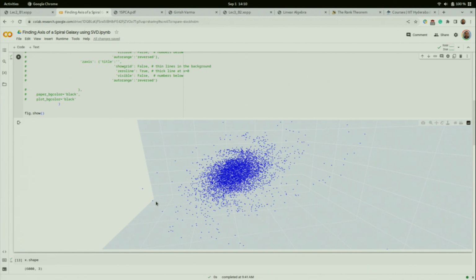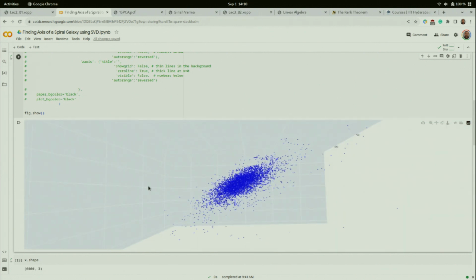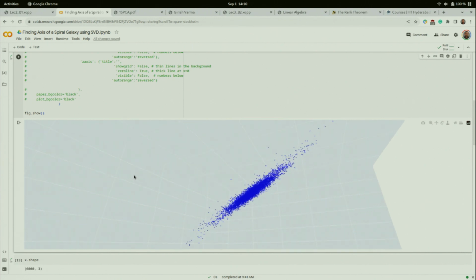So, what do you mean by natural axis? If you look at the galaxy, it is not really a 3-dimensional object in some sense.